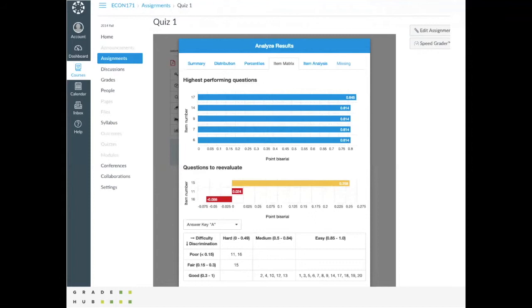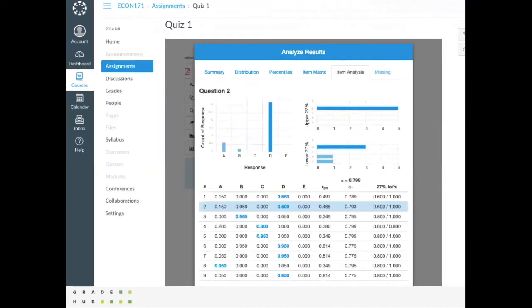This can help as you're moving forward to say, maybe I need more items that are just a little bit more difficult. You can look at the spread of your items and how their performance looks graphically to help you write items in future exams. So here is our item analysis report in GradeHub.